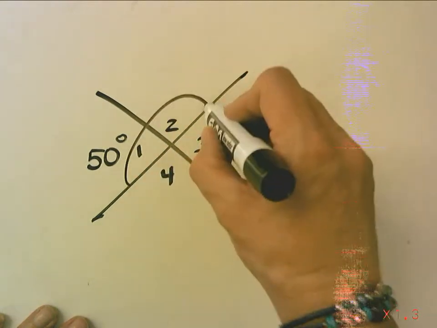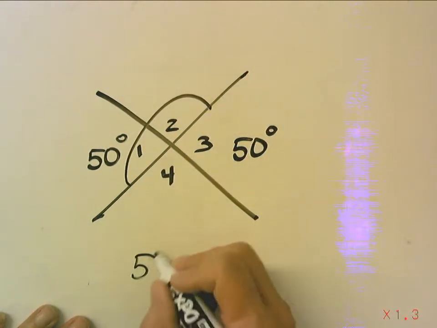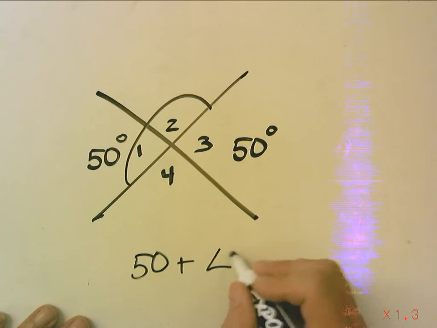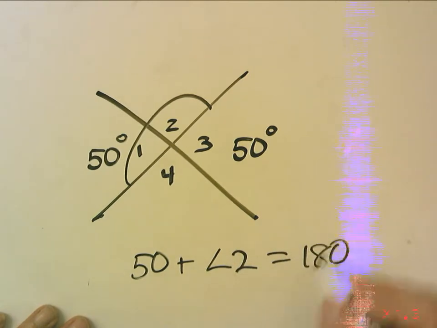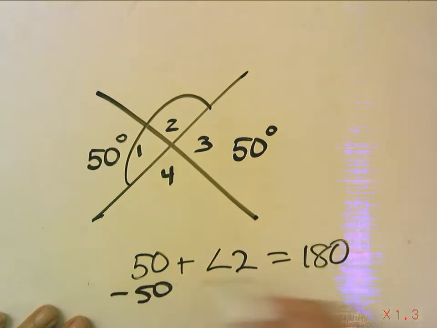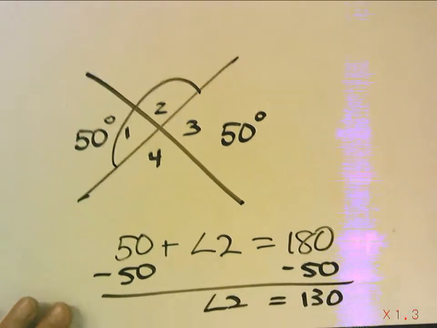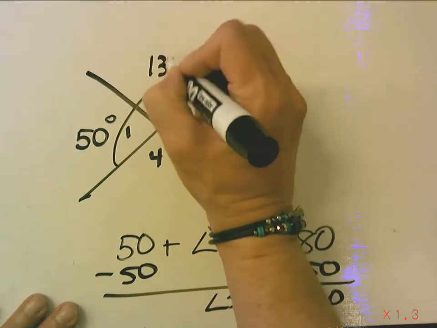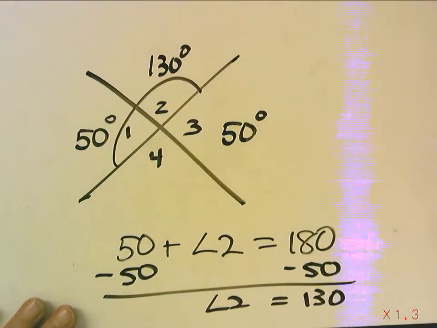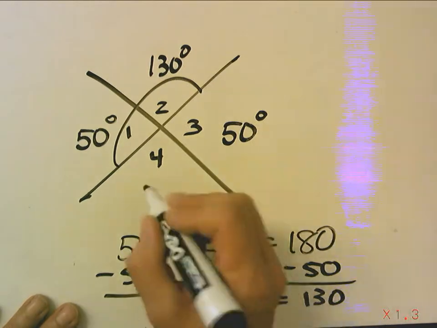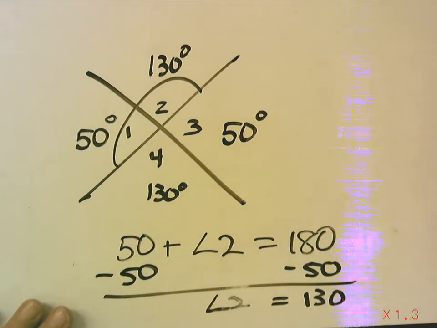Well, I know they're supplementary, so I know 50 plus angle 2 equals 180. So I subtract 50 from both sides. Angle 2 equals 130. And if angle 2 is 130, what would the measure of angle 4 be? It would be 130 also.